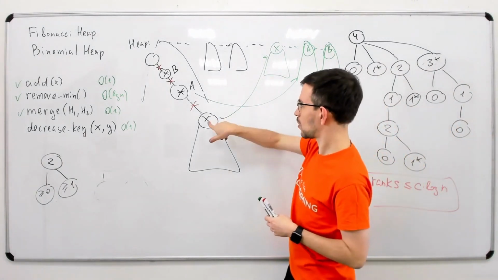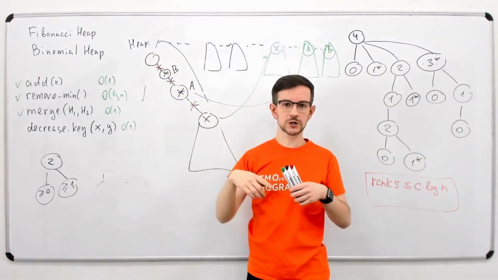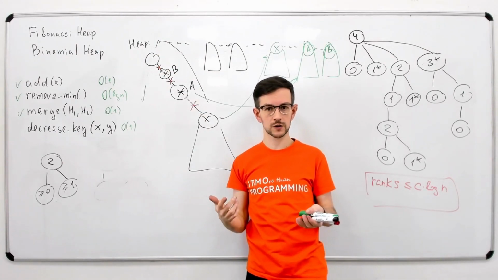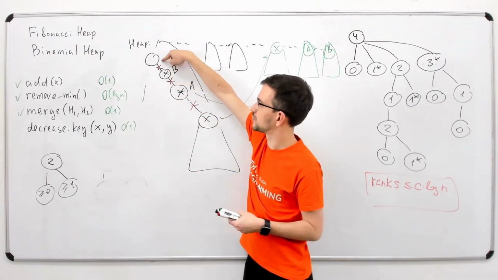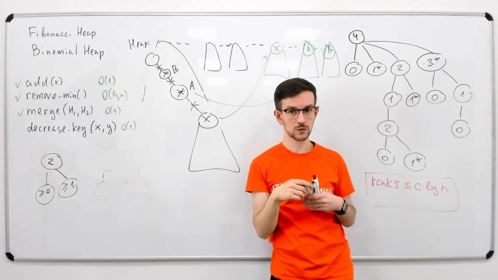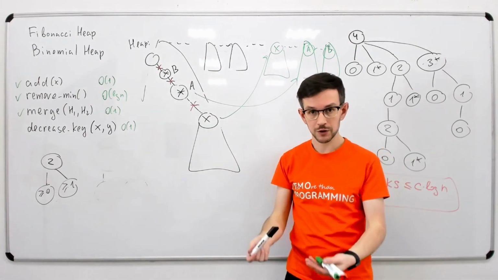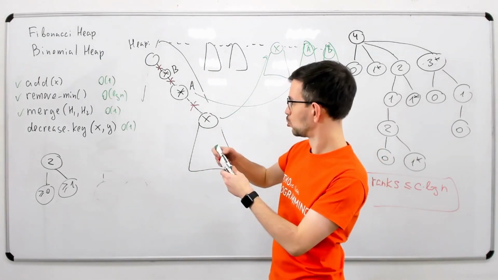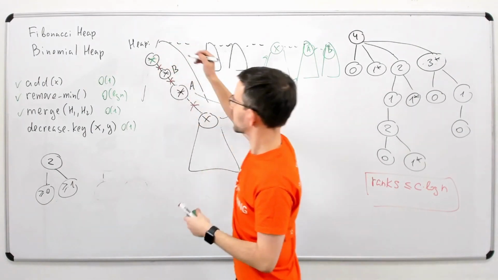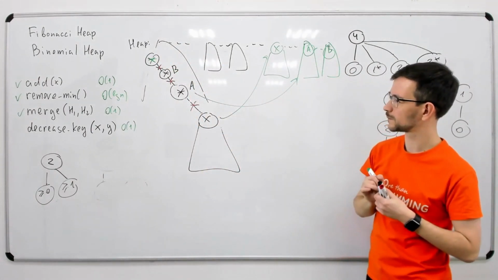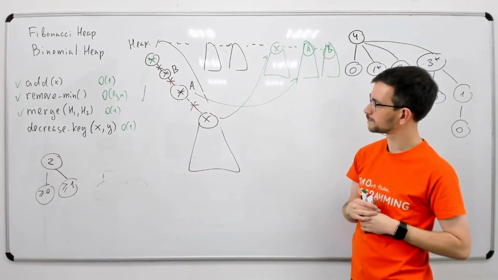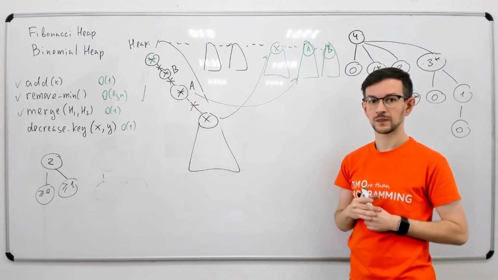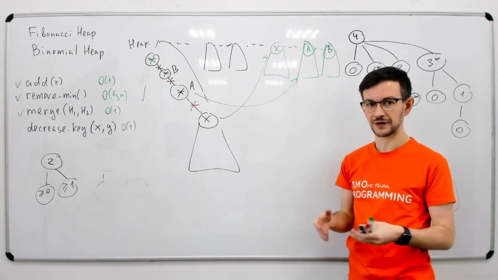And in the end, we will go to some vertex which has no mark. It means that we didn't remove anything from this vertex by now. So we put the mark here, and that's all. That's how you decrease the key of the element.